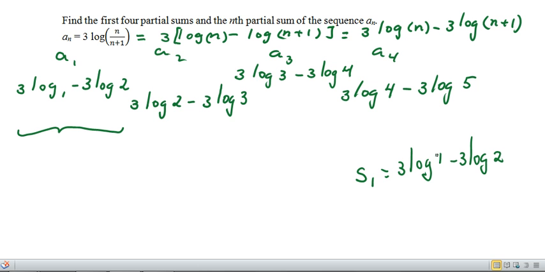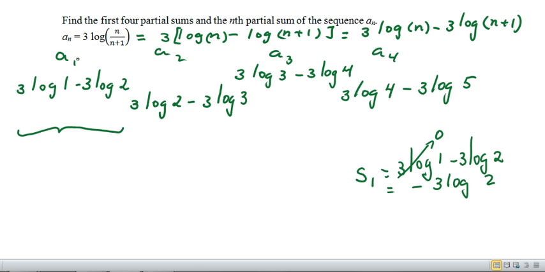And so 3 times 0 would be 0, and we'd have minus 3 log 2.